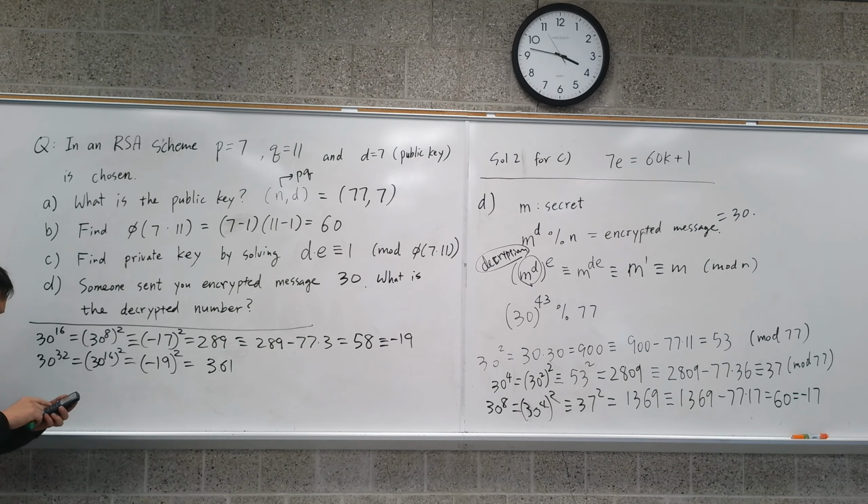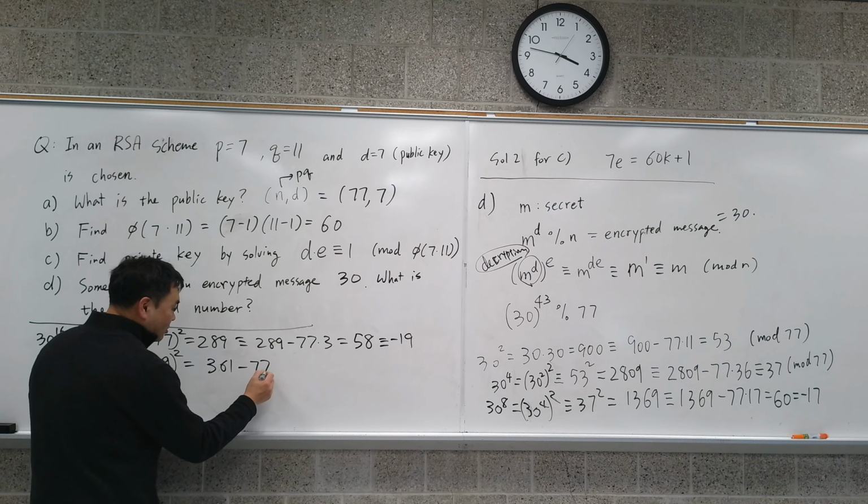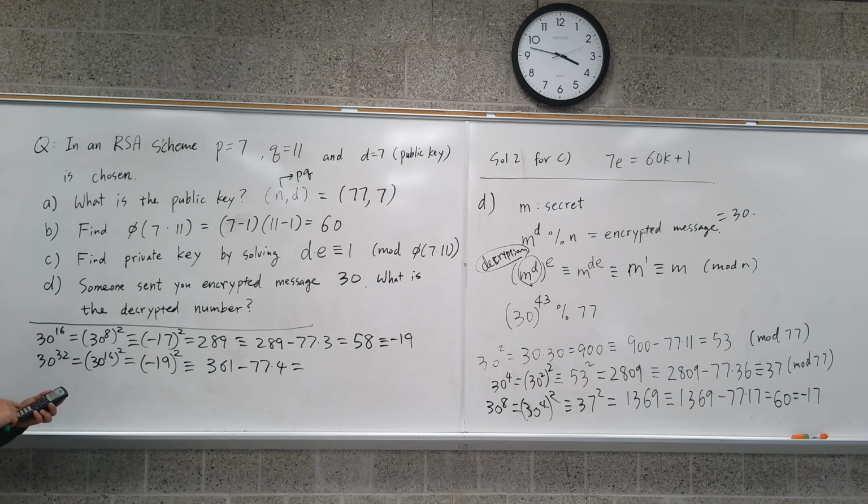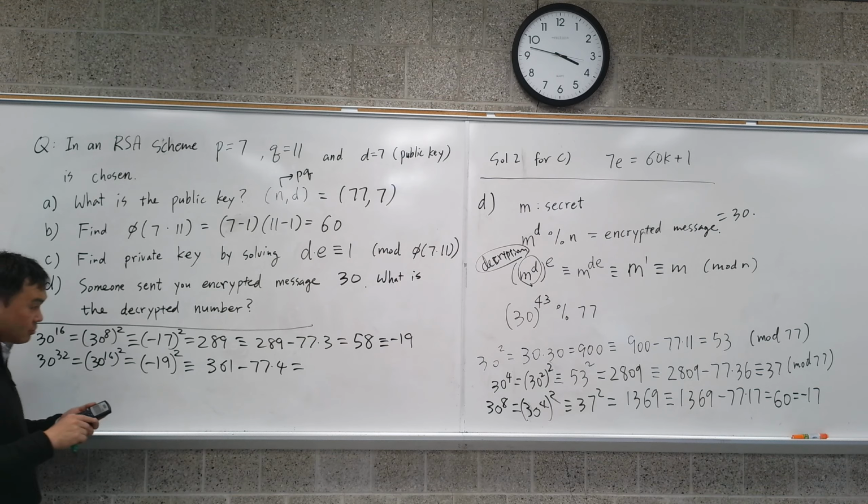Let me just make sure: 19 times 19, yeah, 361. 361 divided by 77 can go in 4 times, so you can put 77 times 4. And 361 minus 77 times 4 gives you 53 again.